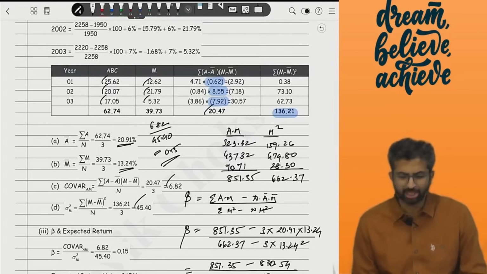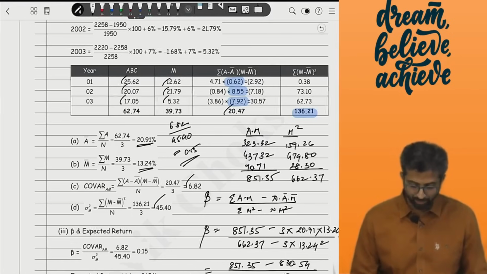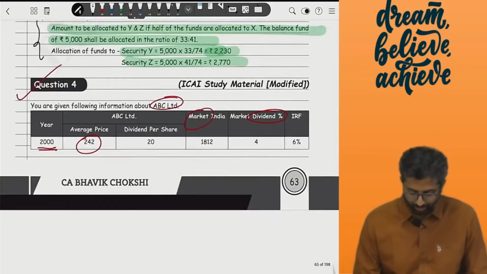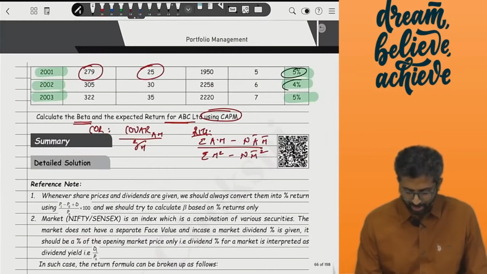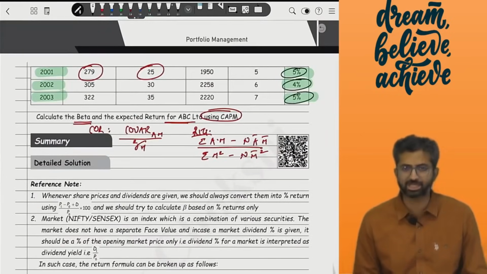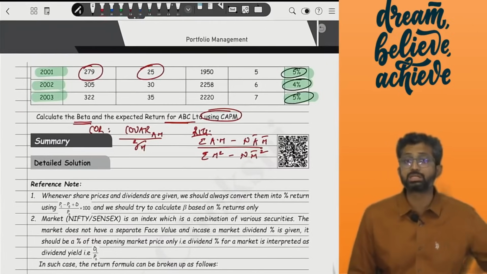Again, you can take the beta of 0.15 and apply that in CAPM. The problem over here is in CAPM, you need the RF. Now there are four different RF numbers: 6%, 5%, 4%, 5%, various RF numbers, but one needs to remember that your RF has to be consistent with the other data.